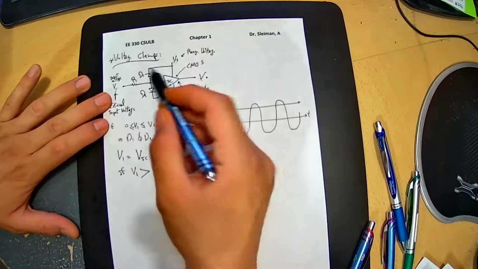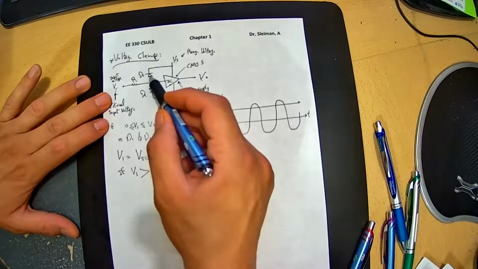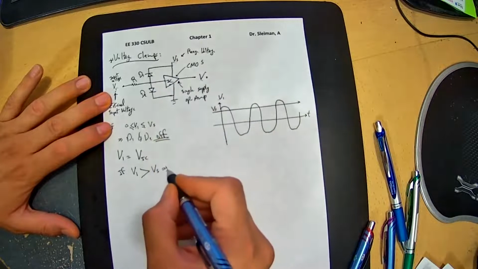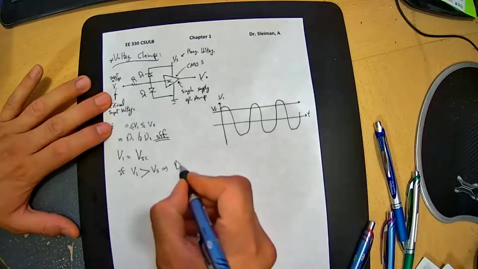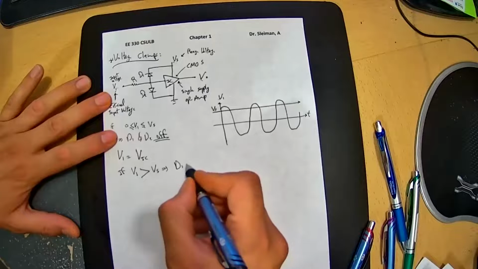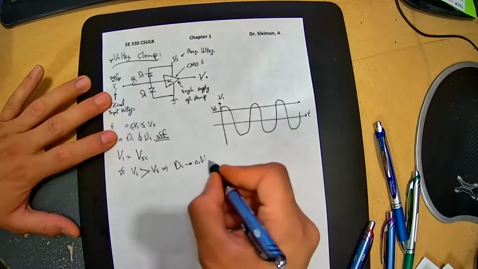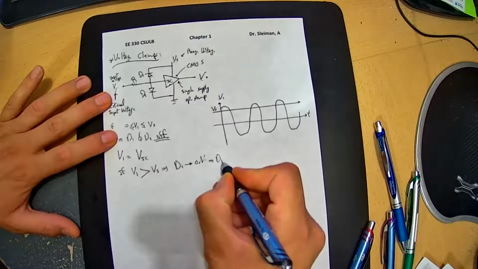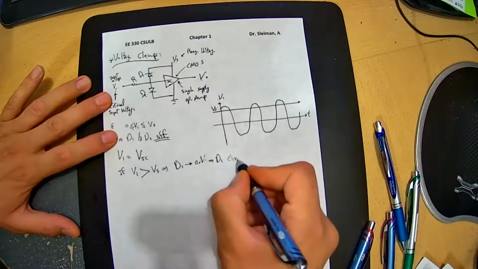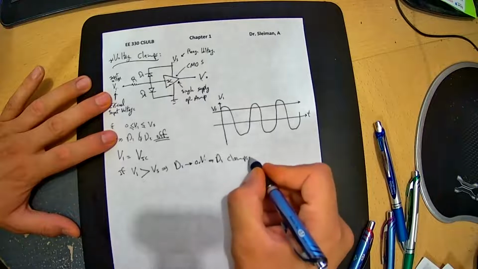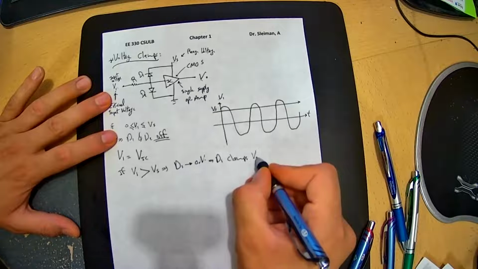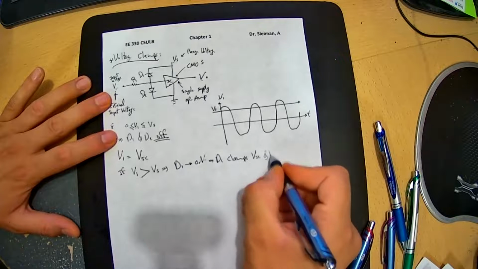So in this case, D1 will be forward biased, right? D1 is on, right? D1 will clamp the voltage between VIC and VS.